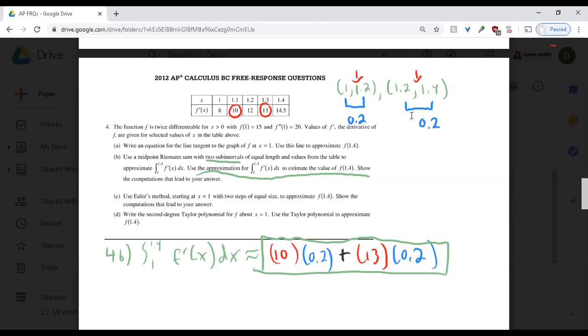Okay, so right here, I'm going to say f of 1.4. It's going to equal the starting value plus the net change. So whatever it gives you is going to be the starting value. So it gives you f of 1. So it's going to be f of 1 plus the net change. So that's going to be from 1 to 1.4. The net change, you're taking the integral of the derivative every time.